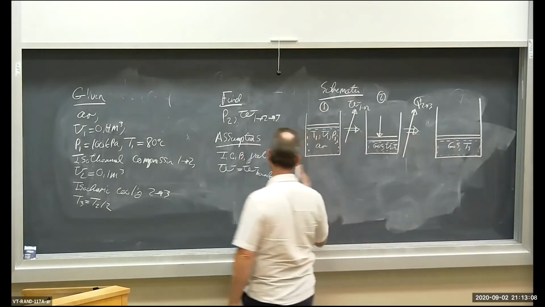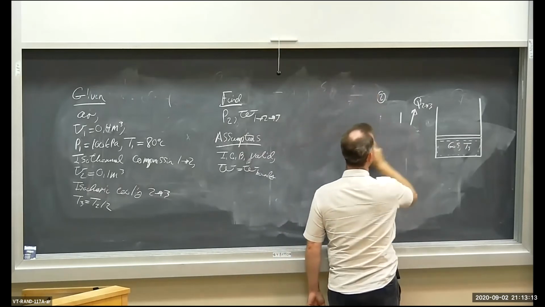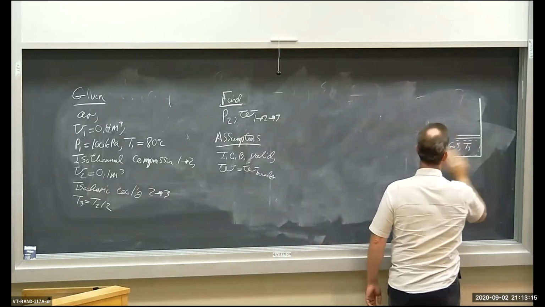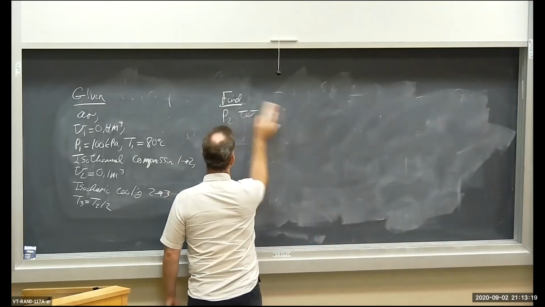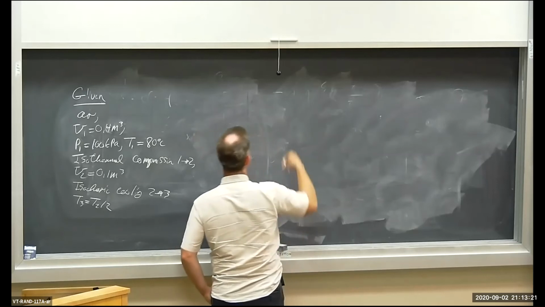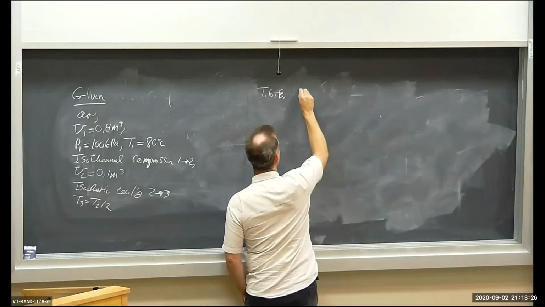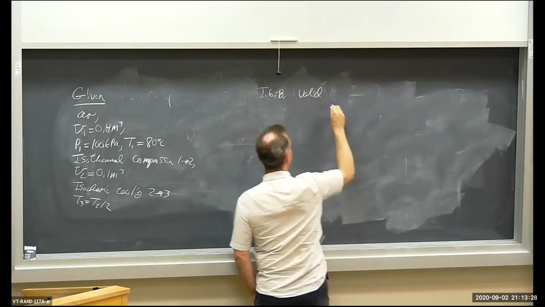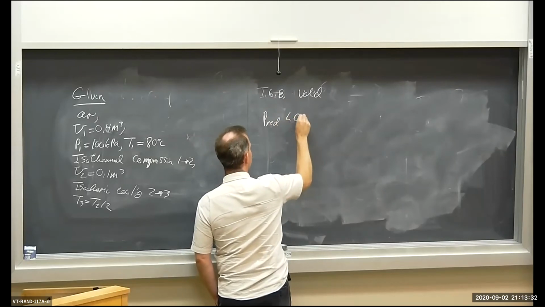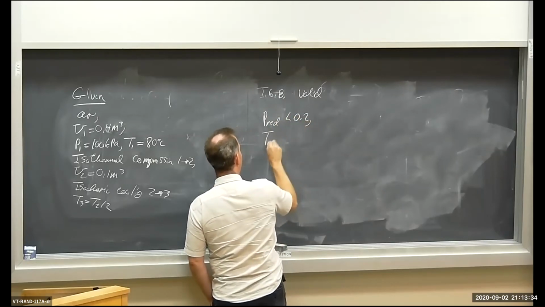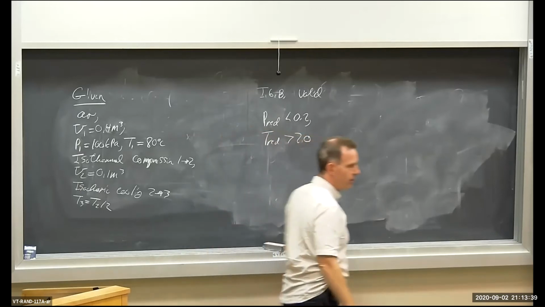First of all, let's check the reduced pressure. Remember, for the ideal gas law to be valid, ideal gas behavior is valid if P reduced is less than 0.2 and T reduced is greater than 2, okay? You're safe.